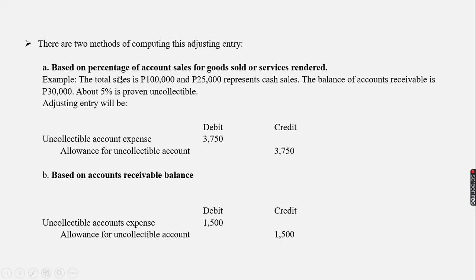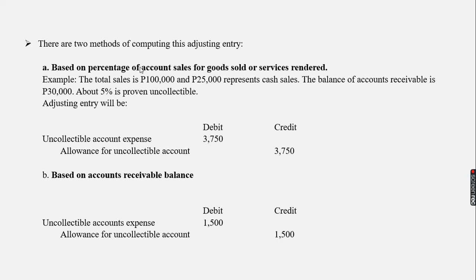And sabi dito, about 5% is proven uncollectible. So sabi niya sa letter A, based on percentage of account sales. So yung nabenta mong pinautang mo, 'di ba? Is magkano 'yon? 75,000, tama? Kasi 100,000, i-less natin siya sa 25,000, makukuha natin yung 75,000, in which, dito natin kukunin yung 5% na proven uncollectible.